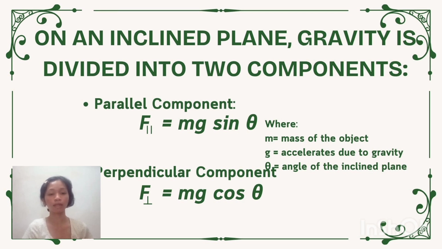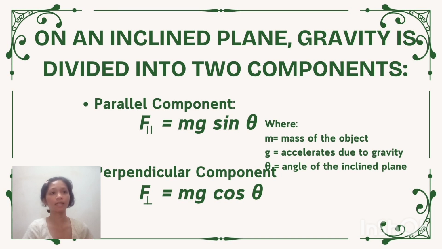In my last lesson, if your force is at an angle, you have components, which are the vertical component and the horizontal component. But since this is an inclined plane, we have a parallel component and a perpendicular component.